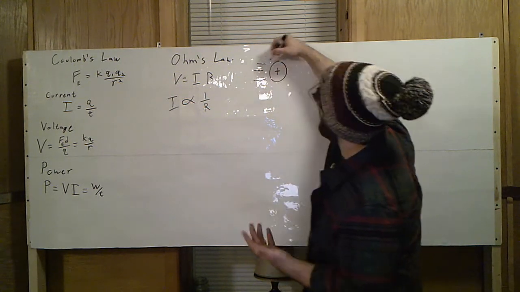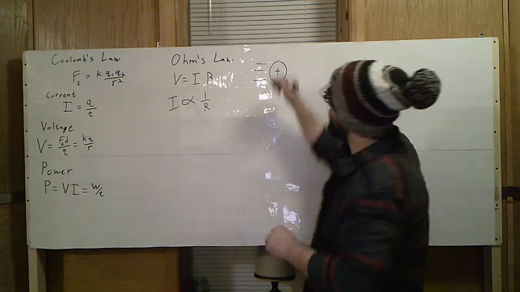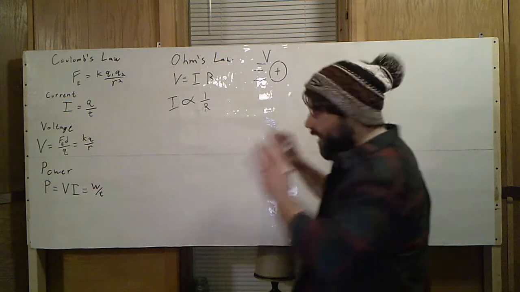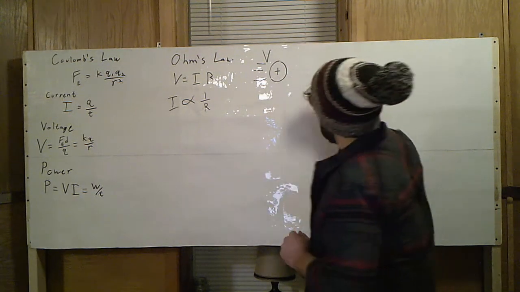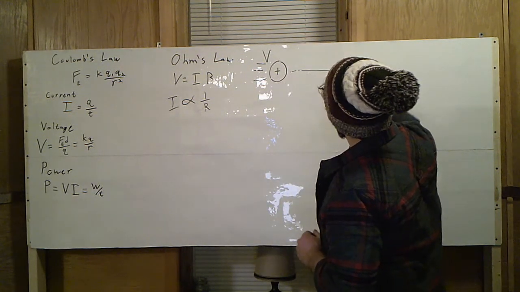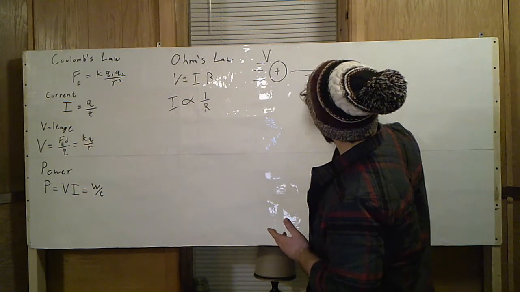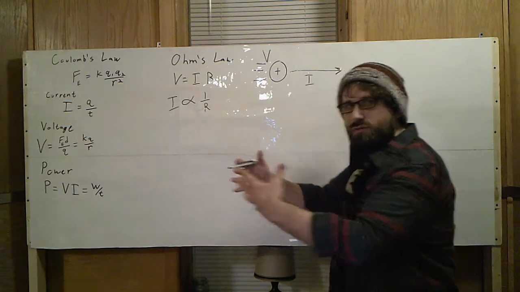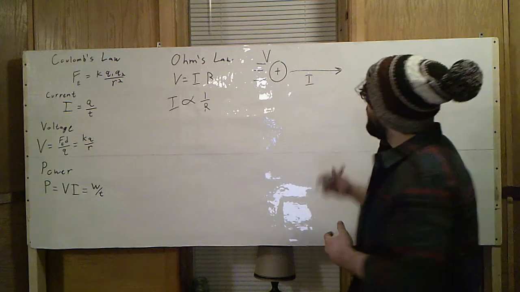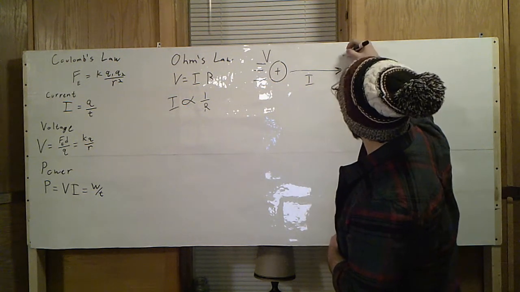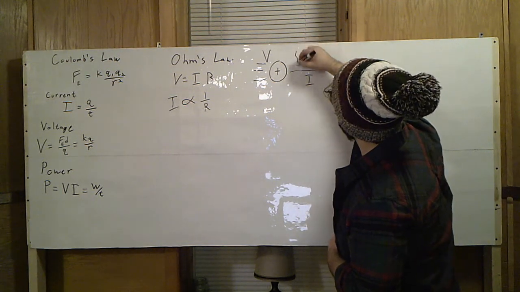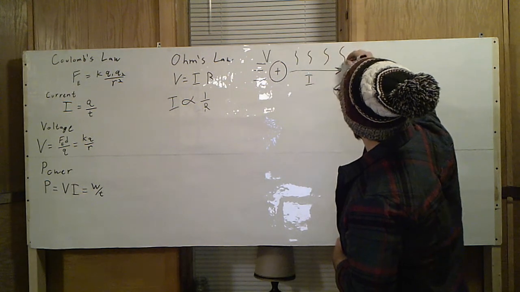We're just going to draw these lines to make it look like something's pushing this. That would be our voltage. It's almost like this is trying to push this charge along, and it wants to move. It's going to move according to that current. How much of that charge can move through at a time is going to be fully dependent on the resistance of this space.